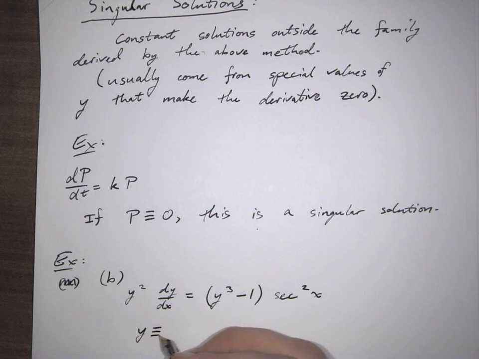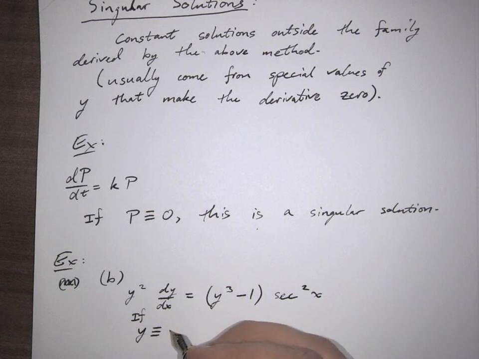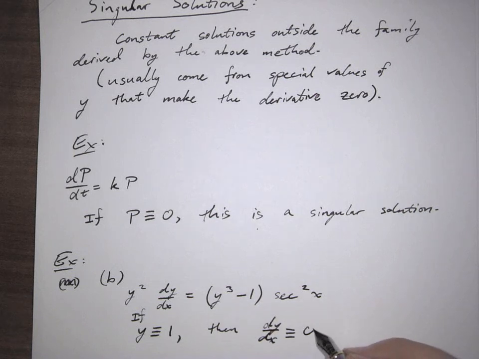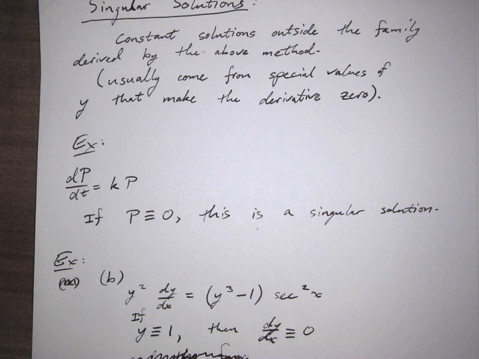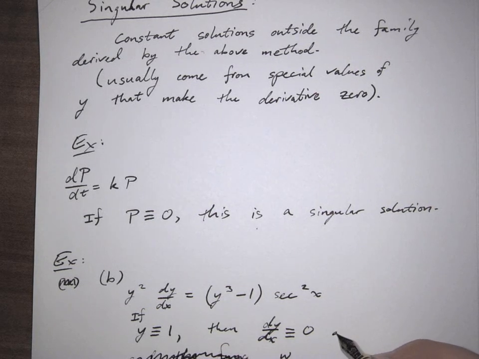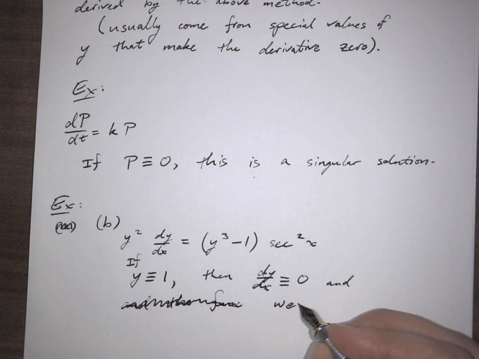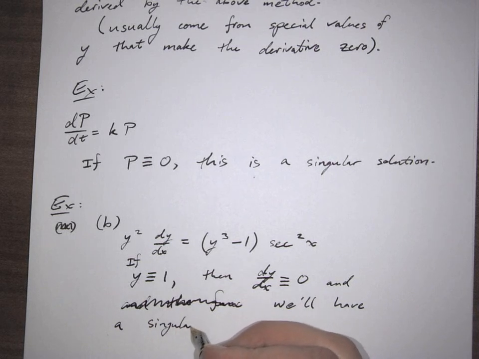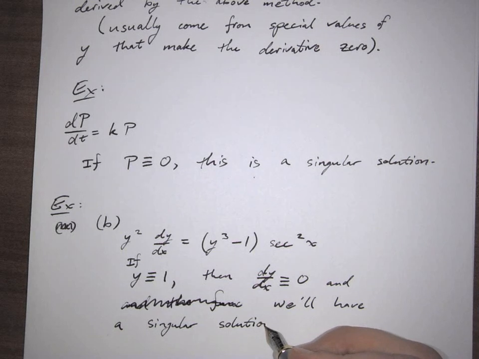So if y here is constantly equal to 1, then dy/dx will constantly equal 0, and we'll have a singular solution.